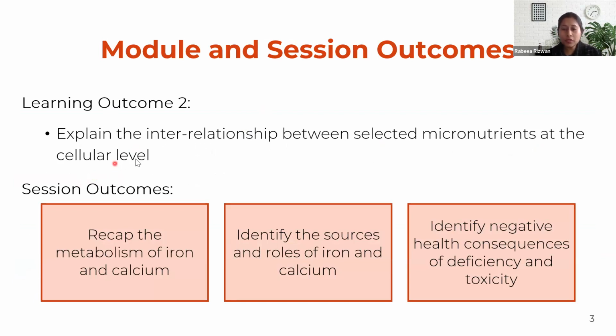The ones we are going to cover in this session are iron and calcium. So you will recap the metabolism of iron and calcium, then what the sources and functions of iron and calcium in our body are, and what the consequences on our health will be if we get a deficiency of iron or toxicity in our body.